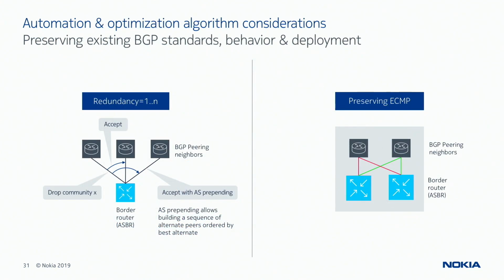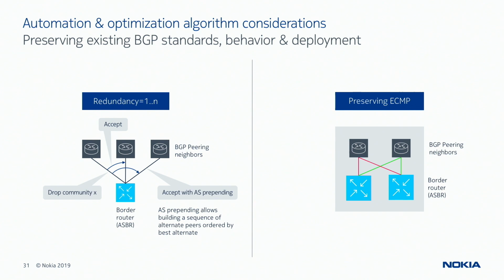In addition to that, we're operating in a brownfield environment. So we need to keep the same functionality of BGP. Redundancy: we don't want to override existing behavior, we want to complement it. So things like redundancy need to be taken into account in the algorithm.